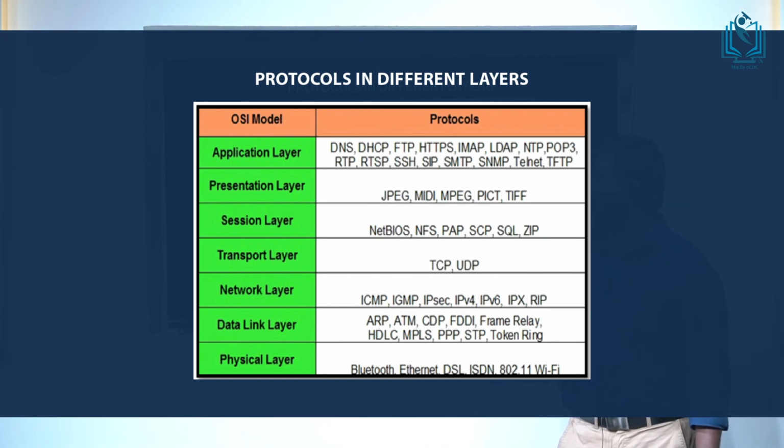In the transport layer, TCP and UDP are the main protocols. In the network layer, ICMP, IGMP, IPv4, IPv6, RIP are the main protocols. In the data link layer, ARP, ATM, HDLC are the main protocols. In the physical layer, Bluetooth, Ethernet, Wi-Fi, etc.